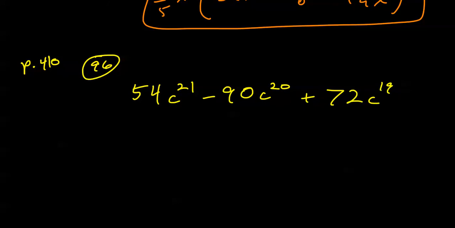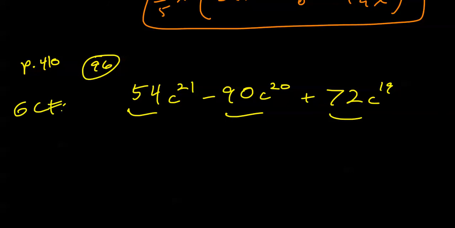Don't see too many of those. Alright, well, the numbers get a little high, and maybe it's a little more difficult to pick out the GCF. 54 and minus 90 and plus 72. Can you spot a GCF, or greatest common factor, from all those terms?